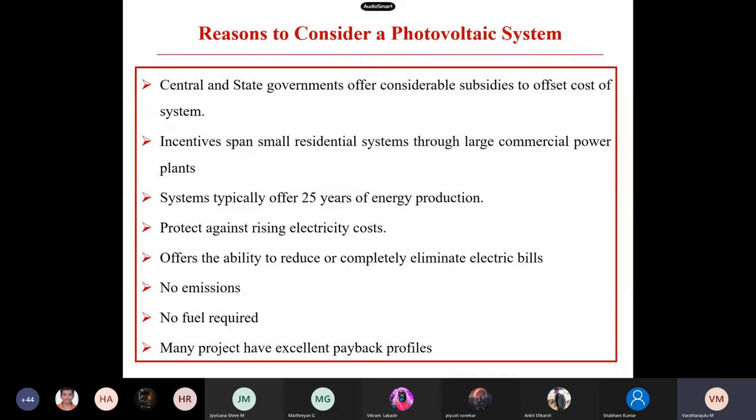They offer the ability to reduce or completely eliminate electric bills, with no emissions, no pollution, and no fuel required. And many projects have excellent payback profiles. Therefore, we need to think over solar, because it has various advantages like this.